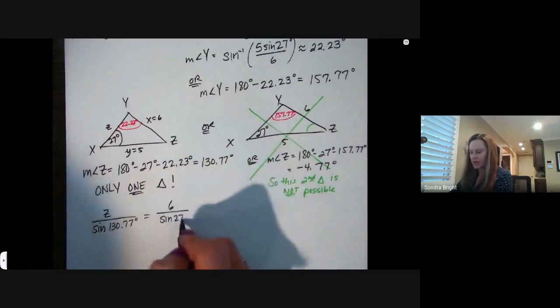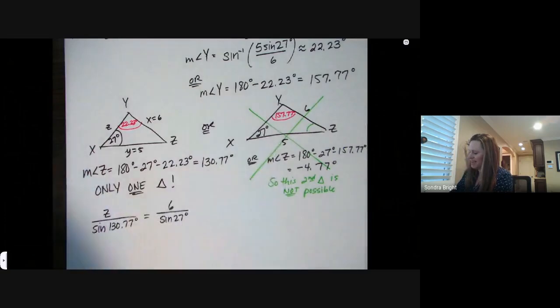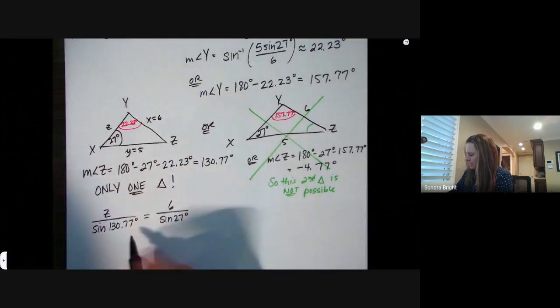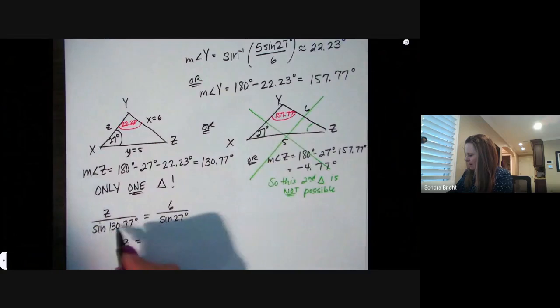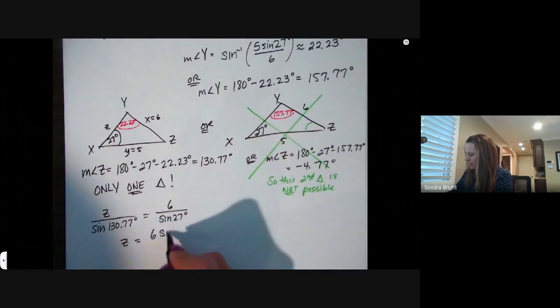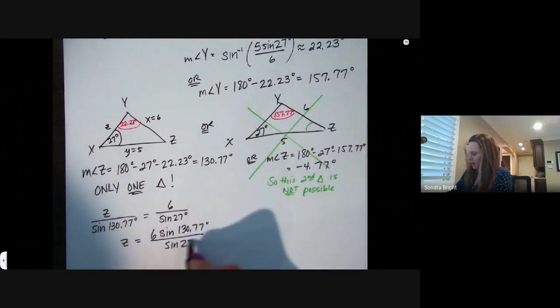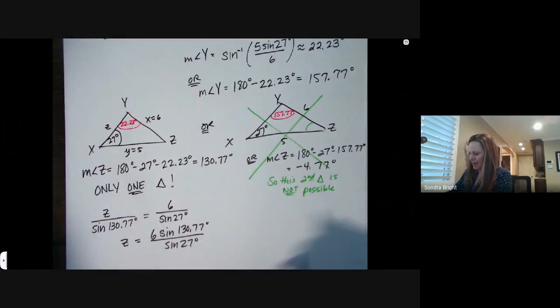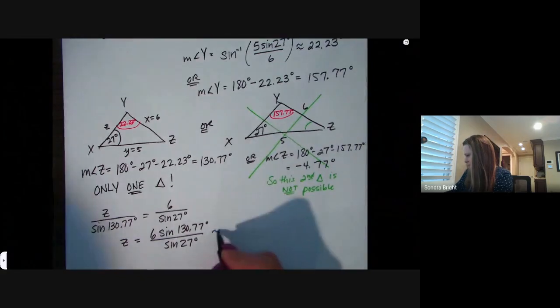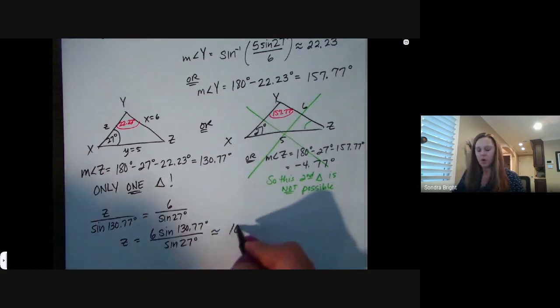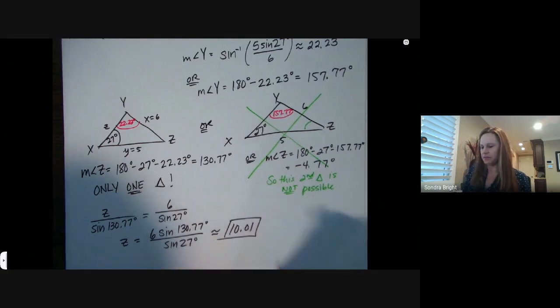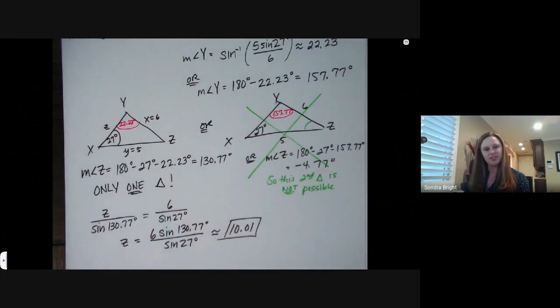So z equals 6 times sine of 130.77 degrees divided by sine of 27 degrees, and you end up where z is about 10.01. Only one value works for that given information.